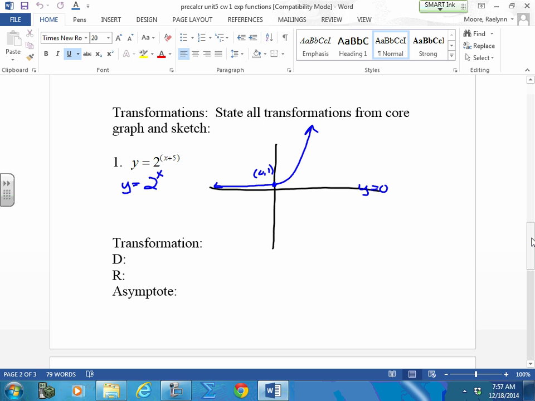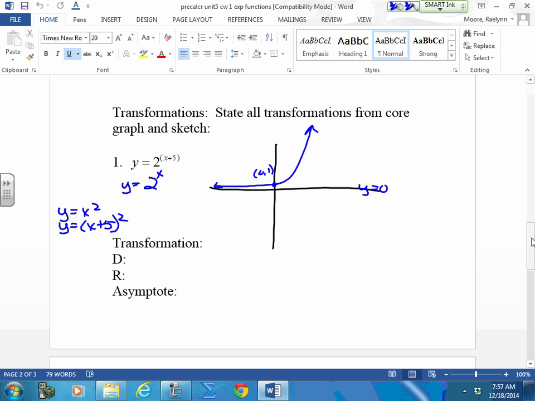Now, it works the same as your parabolas. Remember when your parabolas did this? And then we put it inside? Remember when it was next to the x? It made it move horizontally the opposite way. So, this is next to the x. It's going to move horizontally the opposite way. If it's next to the x, it affects the x.